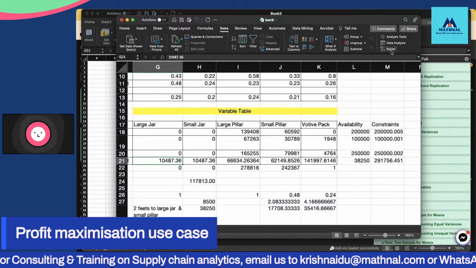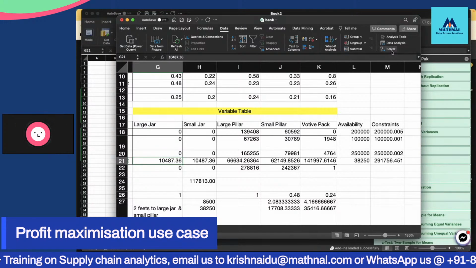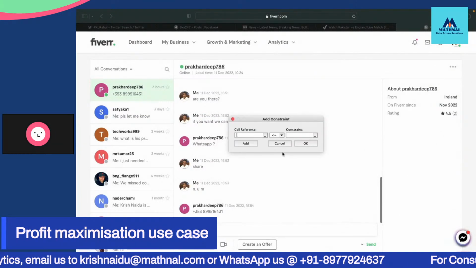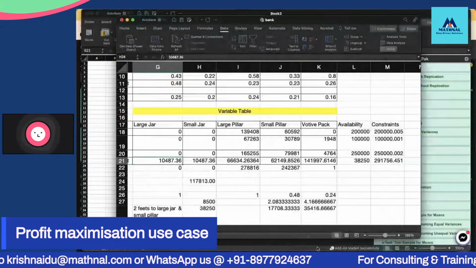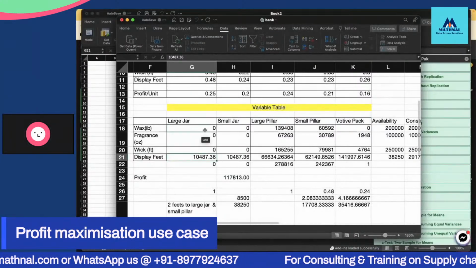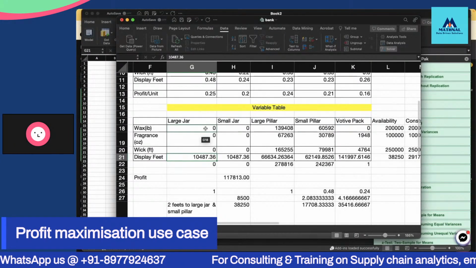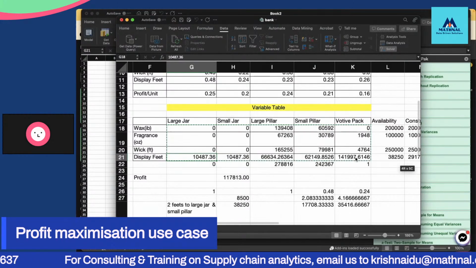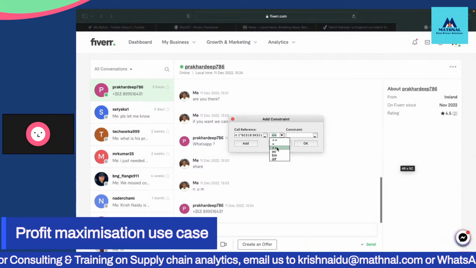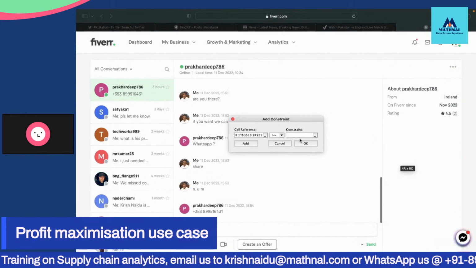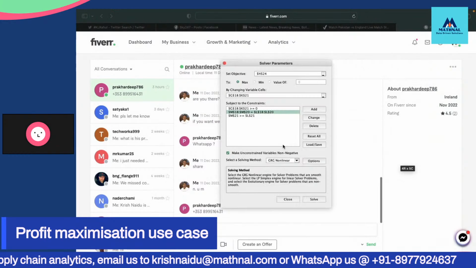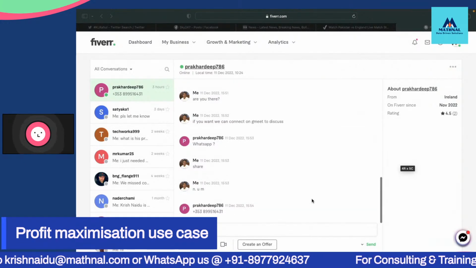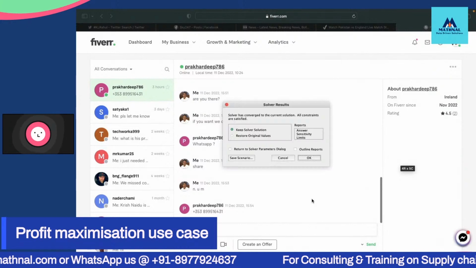Now what I'm going to do is I'm going to add one more constraint. I want each and every product. Let's see we get a solution, because right now our solution is suggesting us to go with few products only.